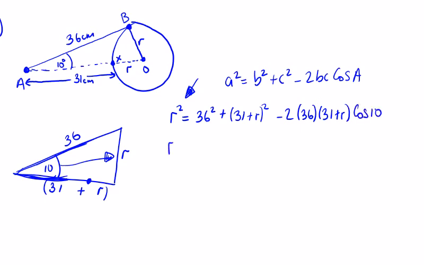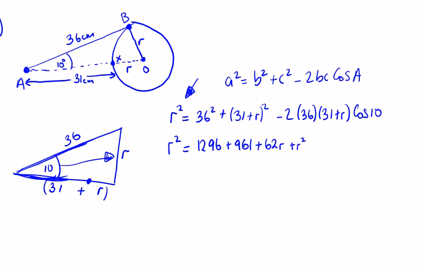Okay, so a little bit of simplification involved here. OR squared is equal to 36 squared, which is 1296, plus 31 plus OR all squared. 31 squared is 961, plus 31 OR twice is 62 OR, plus OR squared.